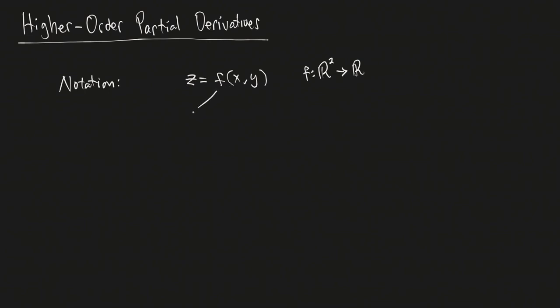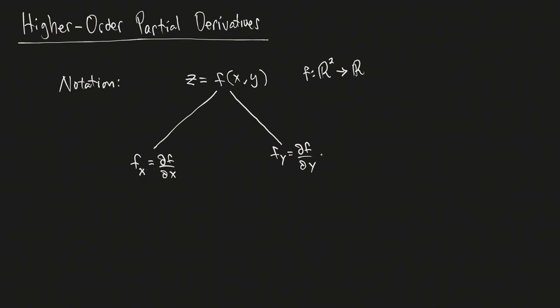Well, let's see what we know about this. As far as first partial derivatives of a function like this, there are two possibilities. It could be a first partial with respect to x, and I will denote it the two possible ways like that, or a first partial with respect to y, and again, these are the two standard notations. But both of these now are themselves functions, so we could differentiate this one with respect to x again, or we could switch it up and differentiate this one with respect to y.